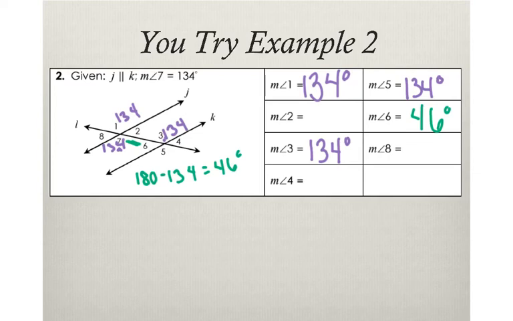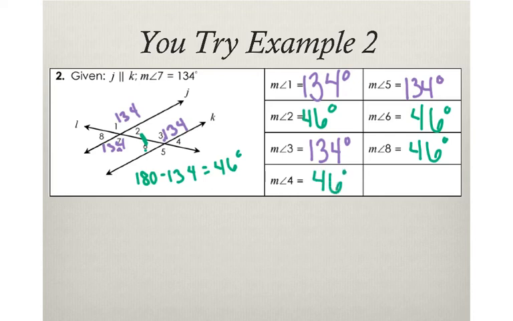That angle 6 is alternate interior with 2, so angle 2 is 46 degrees. And then doing my corresponding, angle 6 corresponds with angle 8, so you have 46 degrees there. And angle 2 corresponds with angle 4, so you have 46 degrees right there.